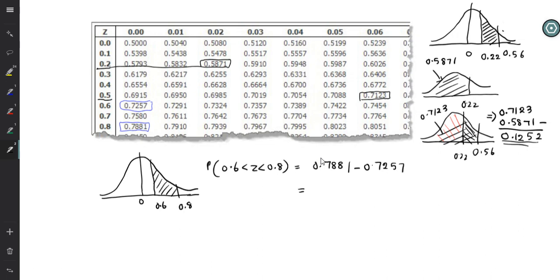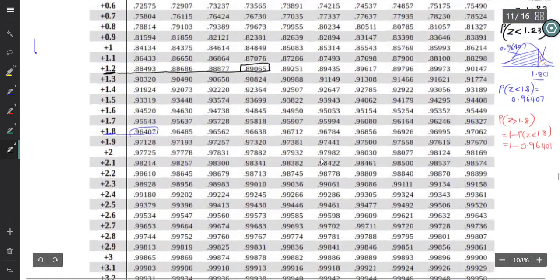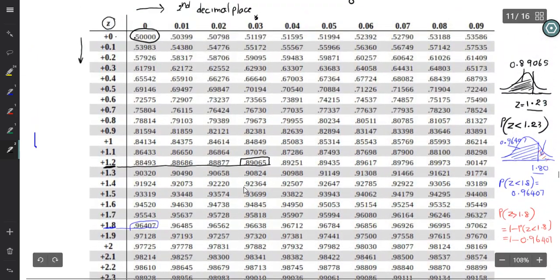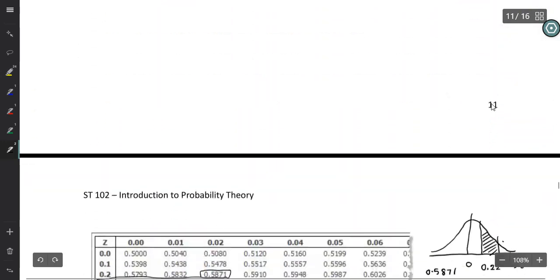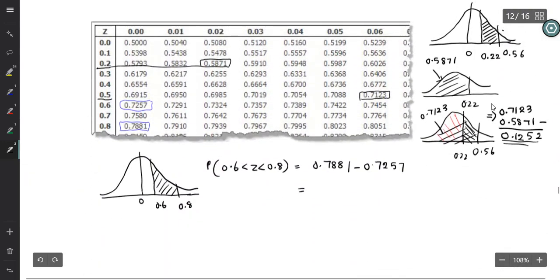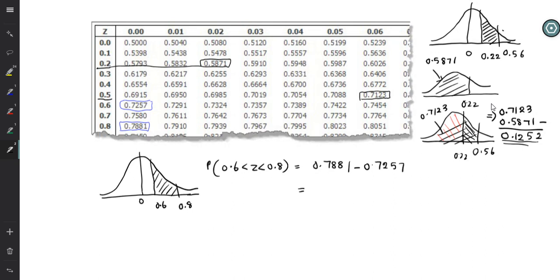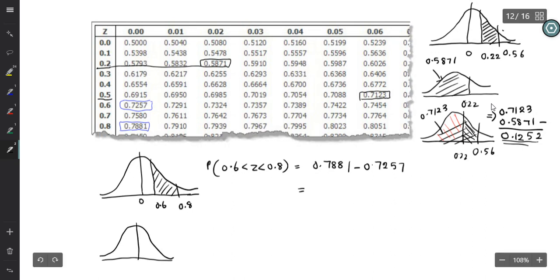Now we have the problem, what about the negative values? So all the examples that we did, right, they are all positive Z scores. Now what will happen if we get a negative Z score? Okay, so let's try that also. So to the left of the 0, you have the negative values, right? What if I want the Z score negative 0.25? I want the area to the left of negative 0.25.